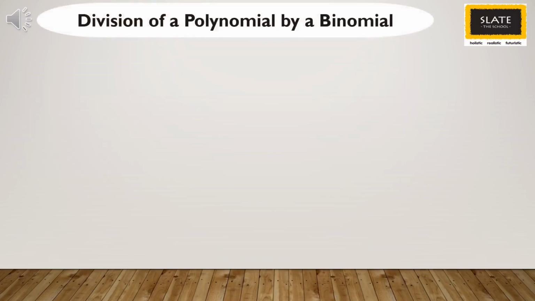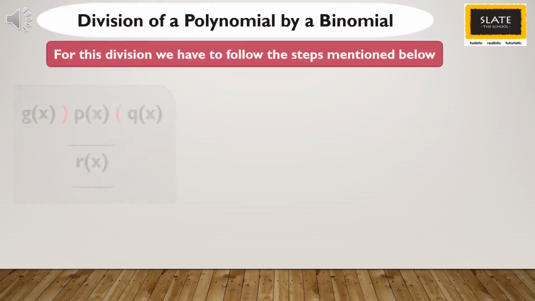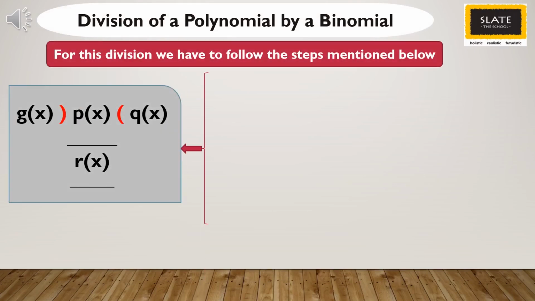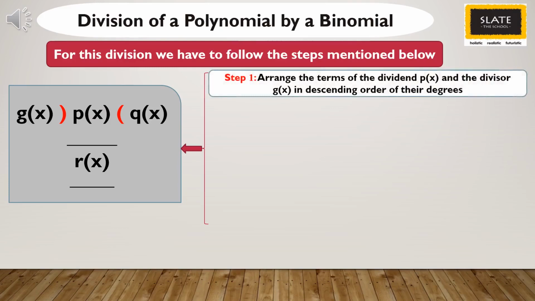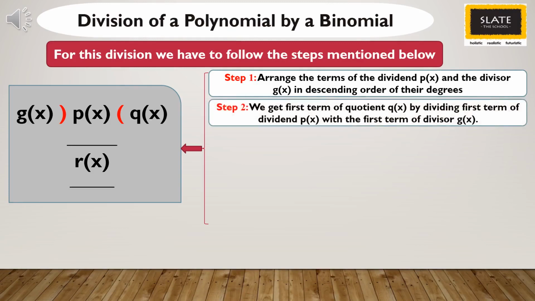For the division of polynomial by a binomial, we have to follow the steps mentioned below. Step 1. Arrange the terms of the dividend p of x and the divisor g of x in descending order of their degrees. Step 2.